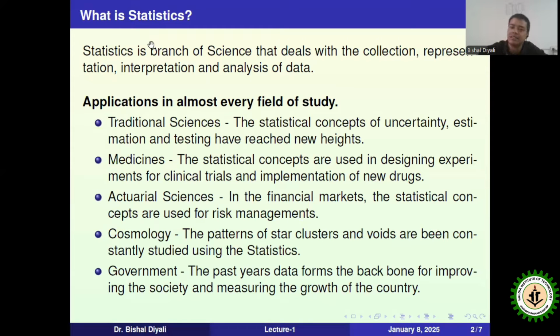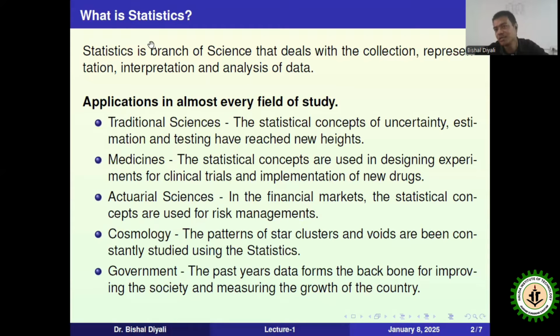If you talk about the traditional sciences like chemistry, physics, mathematics, biology, every subject is incorporating statistics, because they have to analyze data, and the scientific way of analyzing data is the statistical methods. In chemistry, they are already using the concepts of probability and uncertainties in the atomic structures. The Heisenberg uncertainty principle is completely based on the probability theory.